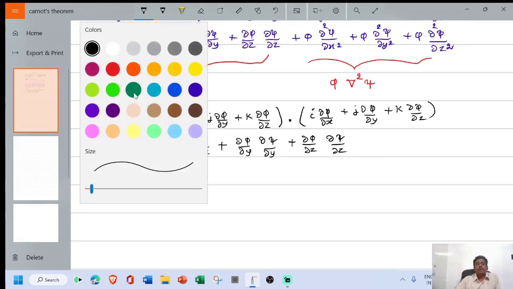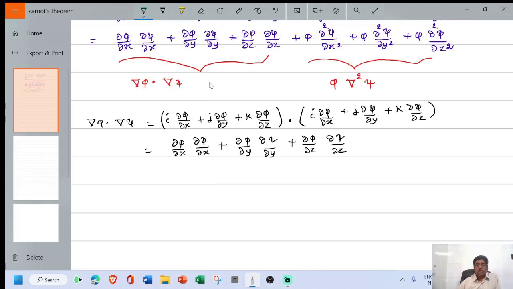Phi into del square psi is equal to phi into this operator operating on psi.